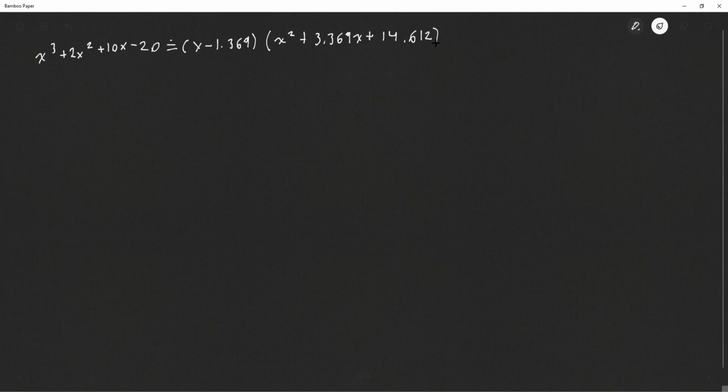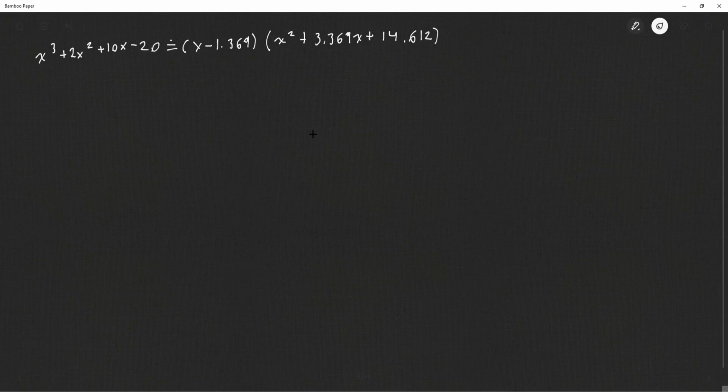Using our one real root, we can set up x cubed plus 2x squared plus 10x minus 20 as approximately equal to x minus 1.369 multiplied by the remainder, which is x squared plus 3.369x plus 14.612.